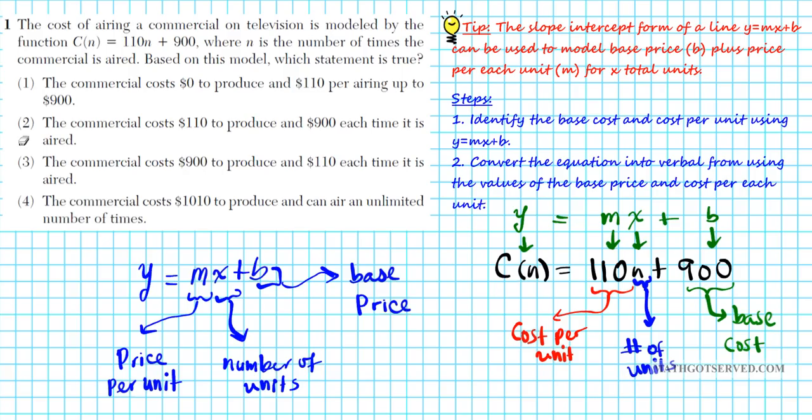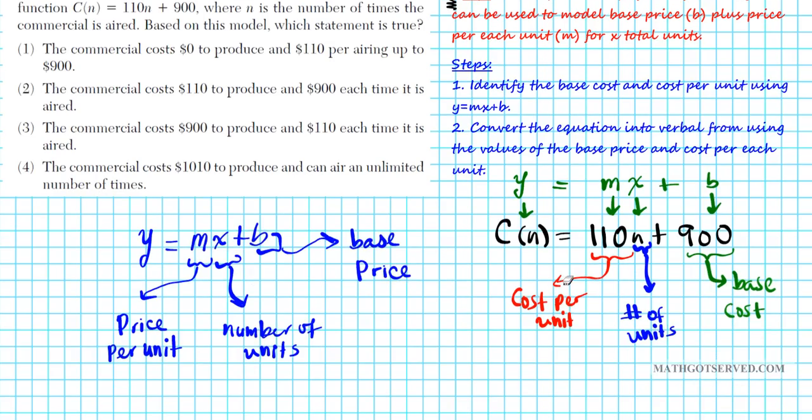Okay, so now let's go ahead and write down what each piece means. We're going to express the meaning of this in verbal form. So what do all these components mean? It tells us that the cost to produce a commercial is what?